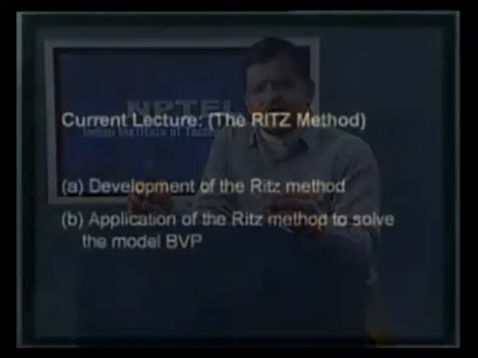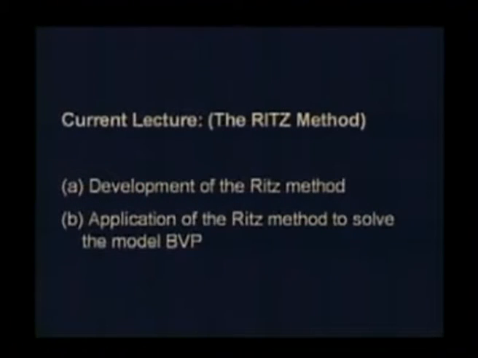Given this introduction, what we will do is develop the Ritz method that we had introduced last time in greater detail, and we will apply it to some typical examples corresponding to the model problem that we have introduced. And we will show how good or bad the Ritz method does with respect to the solution of these model problems.